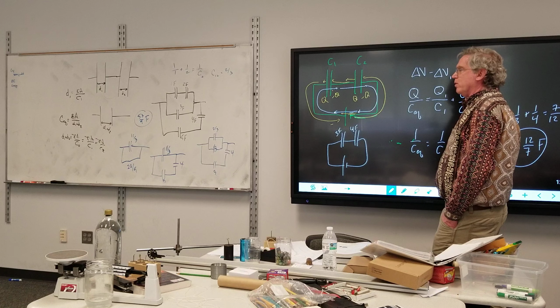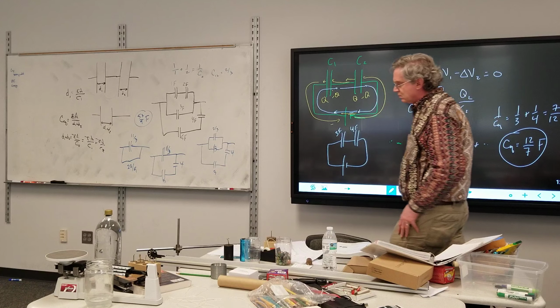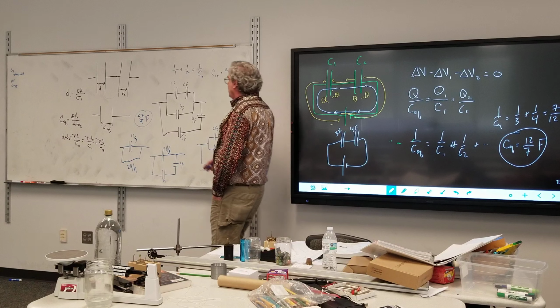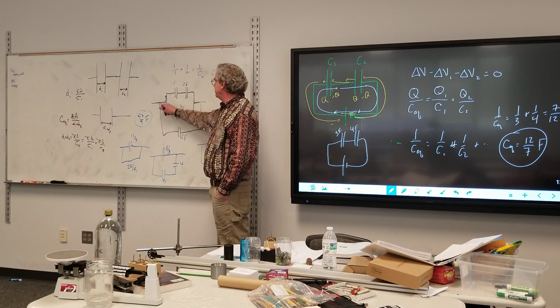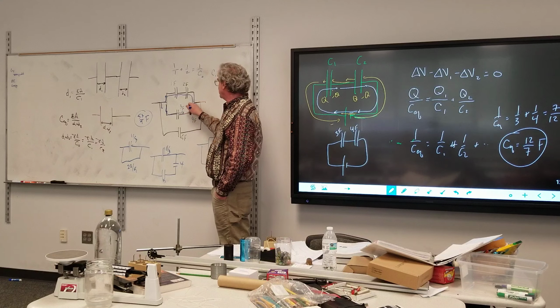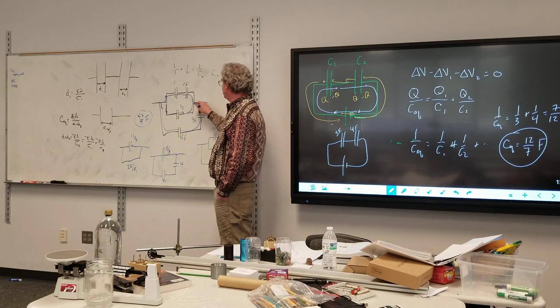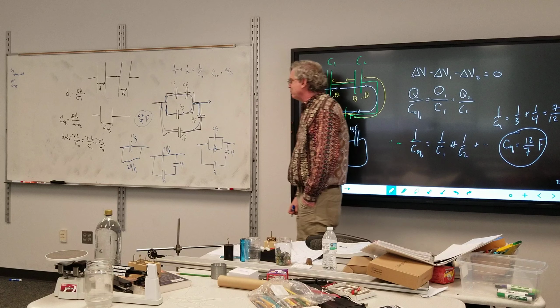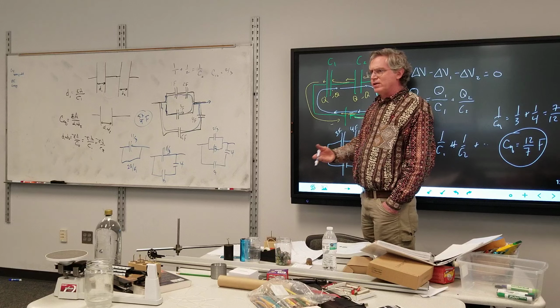If you think about current flow, think about it like if this were water. As water flows in, it's going to split again. Some's going to go across here, some's going to go across there. These will join up again. Anywhere where the same water would flow across two capacitors, that is series.